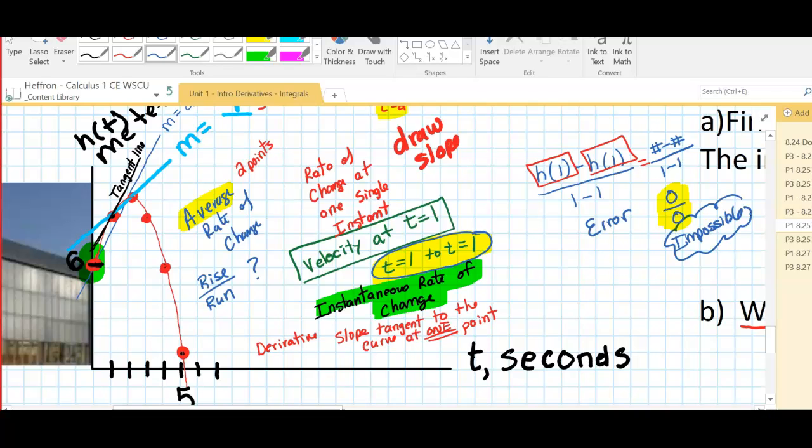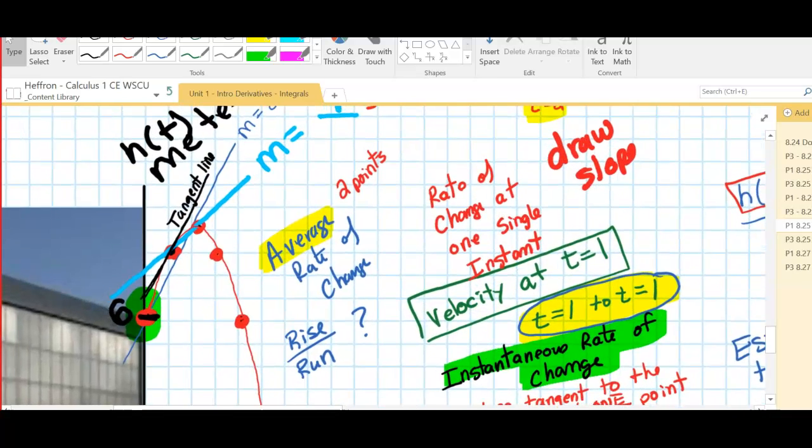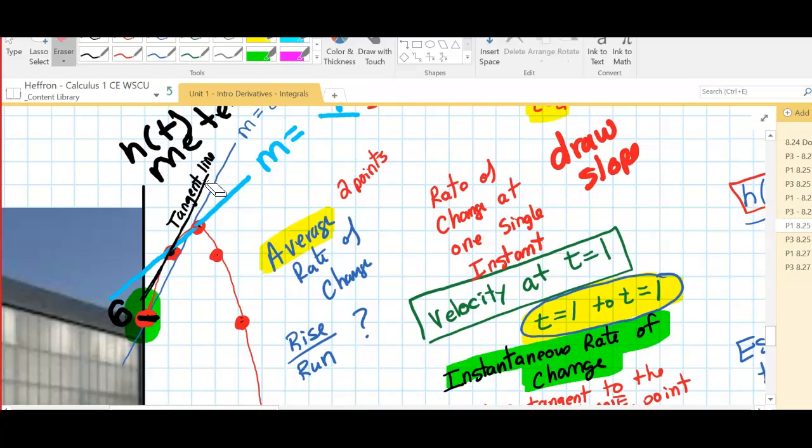So can anyone think of how we could estimate the slope at t equals 1? Because we've just decided we can't actually find it because we get an error. So I want you to think about this for a minute. How could we estimate what that slope is at 1? Right at 1. It's not the black tangent line because we can't do the tangent line, but it's maybe close.